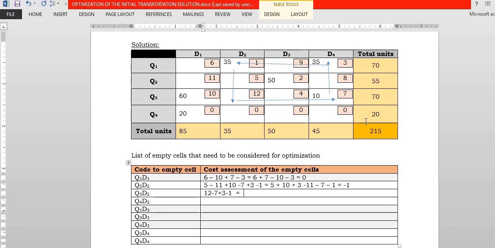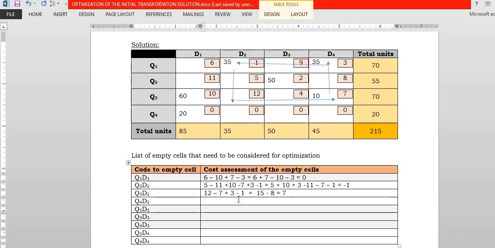So this is 15 minus 8, which gives me 7. Definitely it gives me 7. So this is a very high positive answer, which means there's no room absolutely for cost reduction by putting any kind of energy there, okay? So that is the thing. So we have that one there.